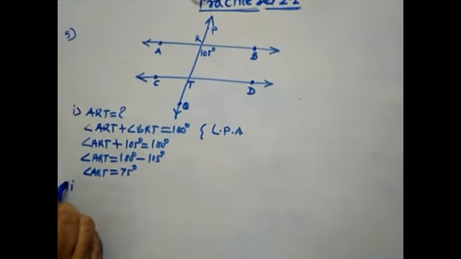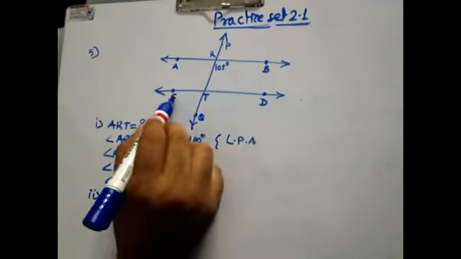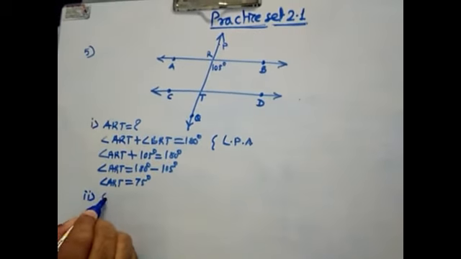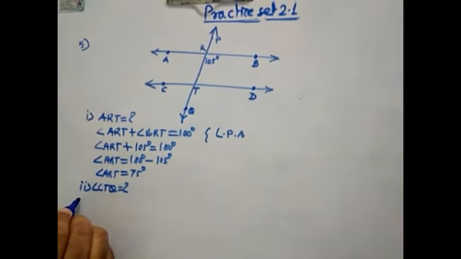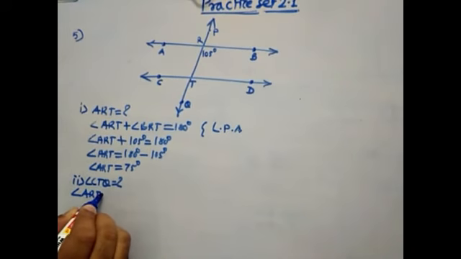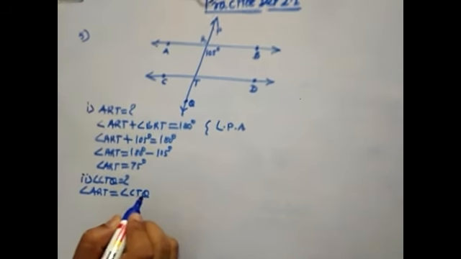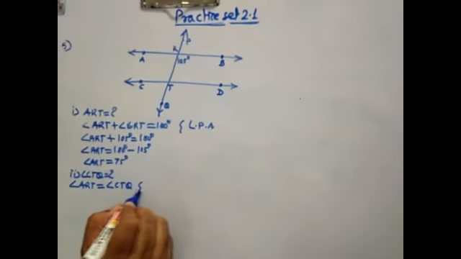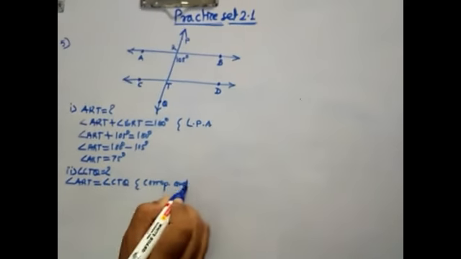Now next we find CTQ. This angle CTQ we want to find. So write down angle ART is equal to angle CTQ. See why: these are corresponding angles. So write down here corresponding angles.